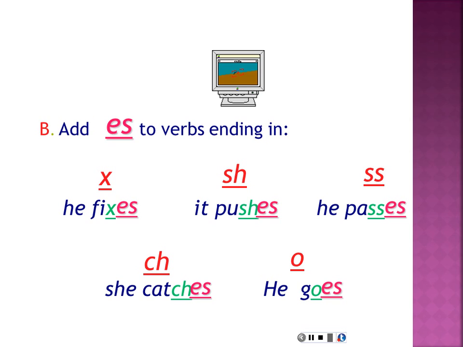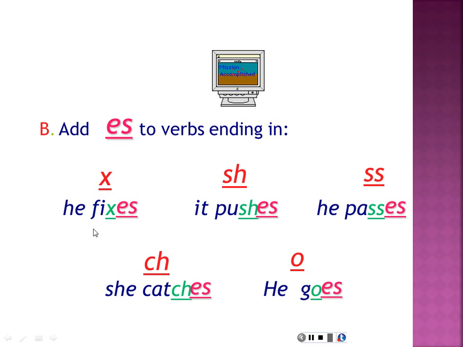So he goes, we add es, and he does, she does, it goes, and so on. So those are the sounds that we add es after when we have them at the end of verbs.